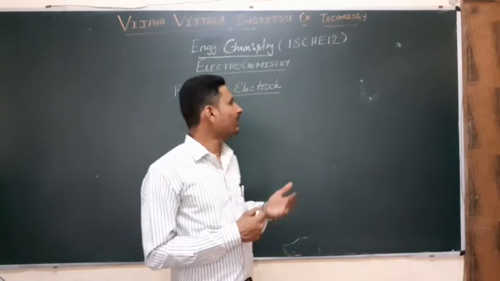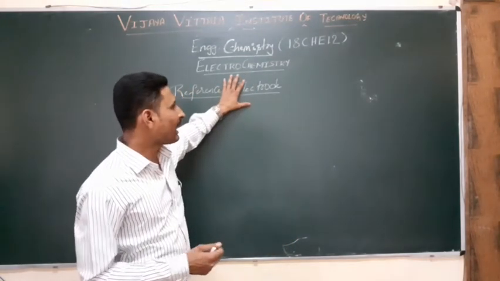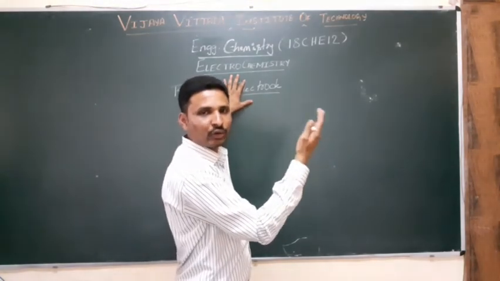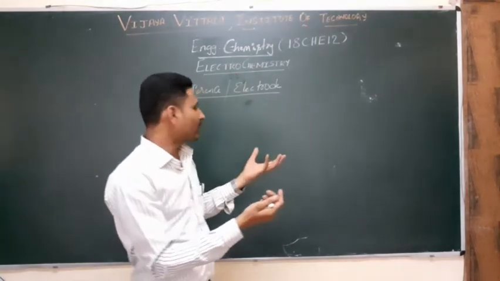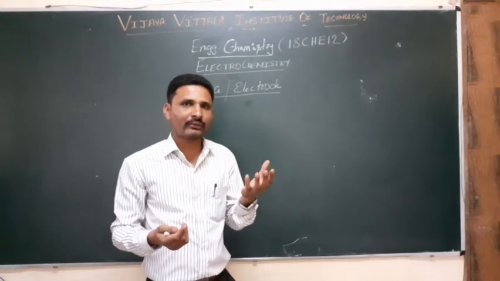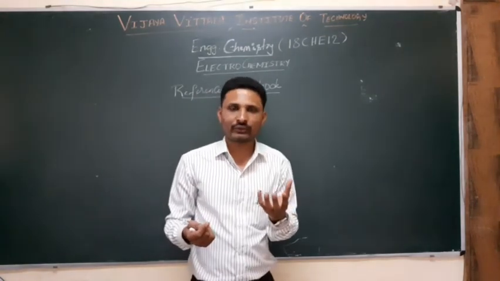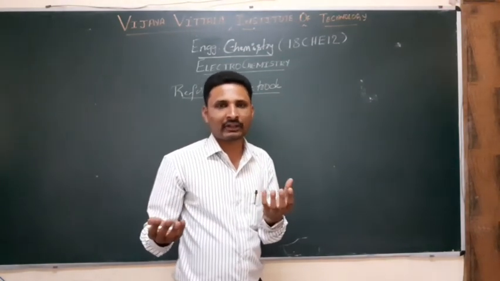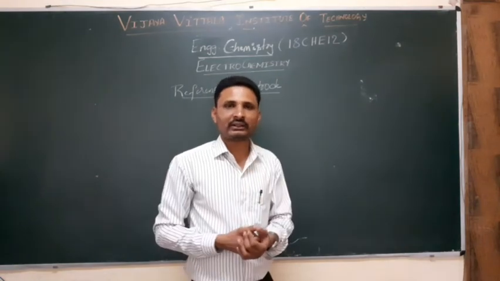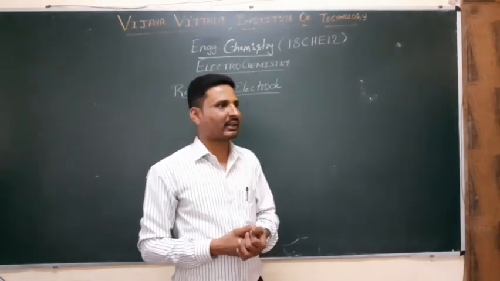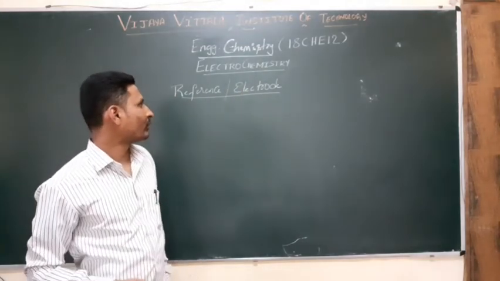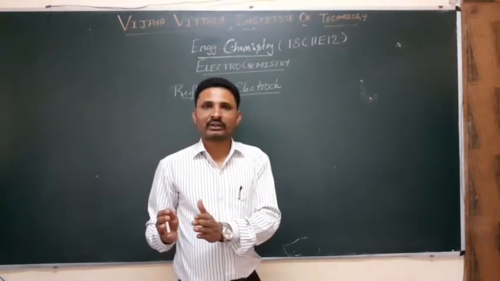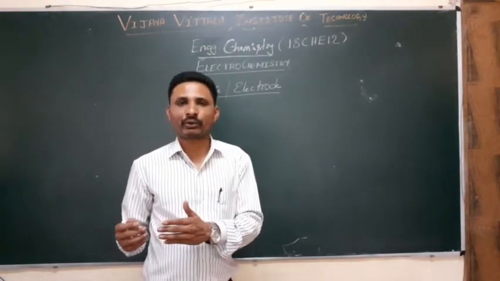So we can take a reference electrode as one electrode and another unknown electrode. In the reference electrode, we know the electrode potential value. So by taking an unknown electrode, you can measure its potential. That is called a reference electrode.